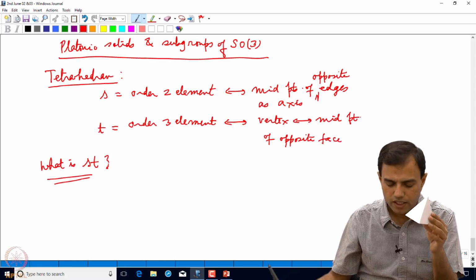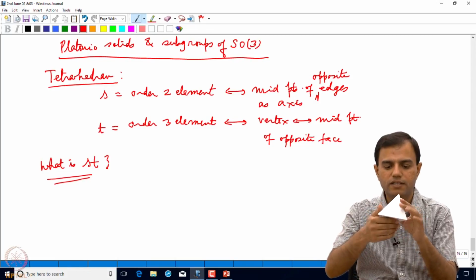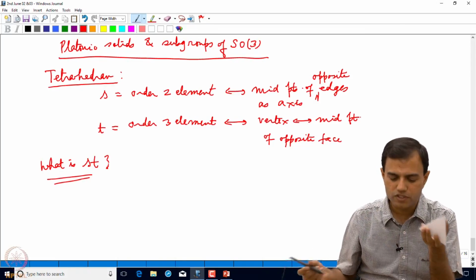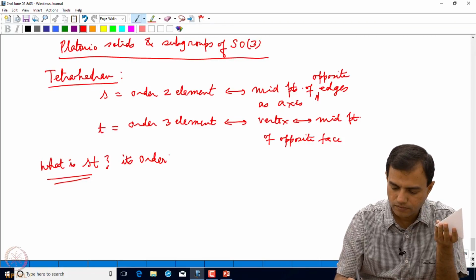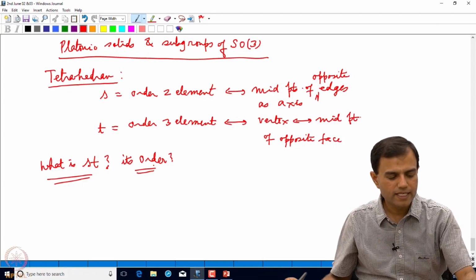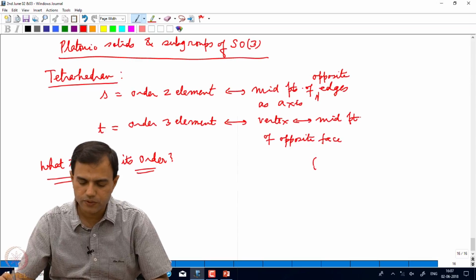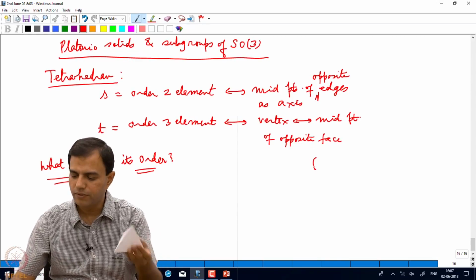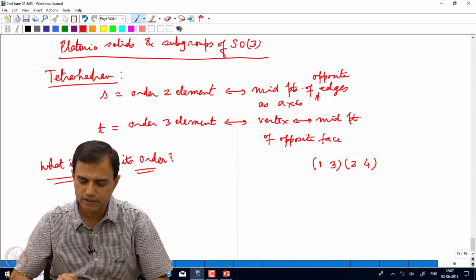One way is to actually do the experiment and realize what is ST, what is the order of ST. Or the other way, as we did some lectures ago, so the order 2 element would be something like (1 3)(2 4), something like this.